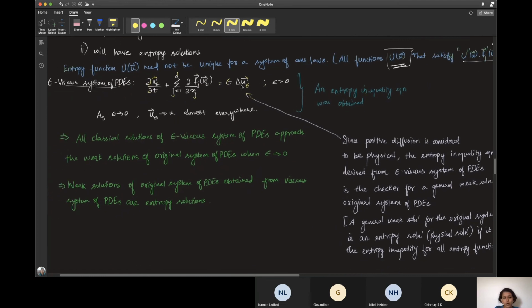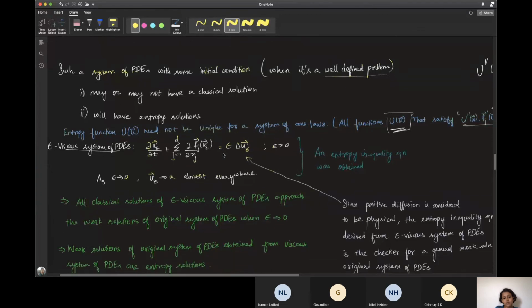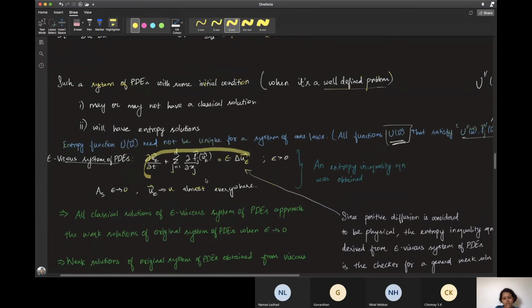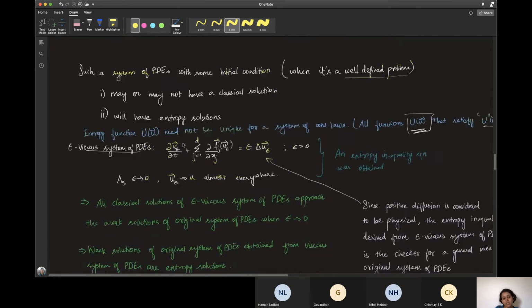Since we are adding a positive diffusion, that is epsilon is greater than 0, this PDE has some classical solutions, and as epsilon approaches 0, u vector epsilon approaches u almost everywhere. This means all classical solutions of this epsilon viscous system approach the weak solutions of the original system of PDEs when epsilon goes to 0.